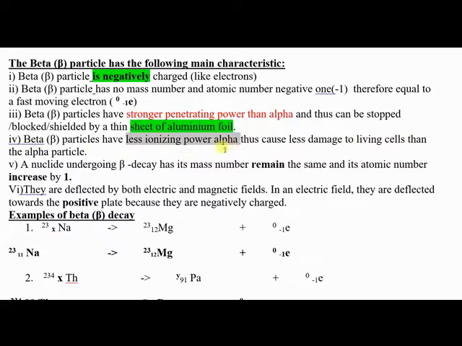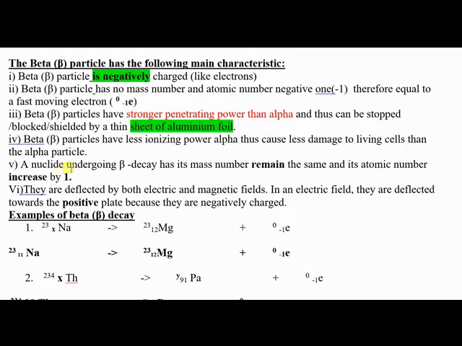Very important. A nuclide undergoing beta decay has its mass number remain the same, and its atomic number increase by 1. Very important.